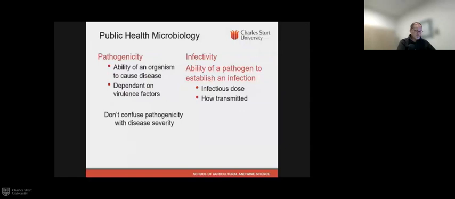But before I do, do not confuse pathogenicity with disease severity. Pathogenicity is just how easily you can get infected, but it might not be such a bad disease in terms of your overall health. So it might not be a particularly severe disease, even if it's incredibly infectious.